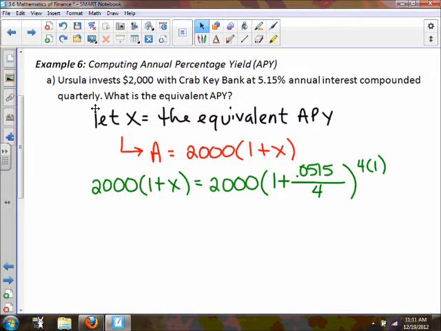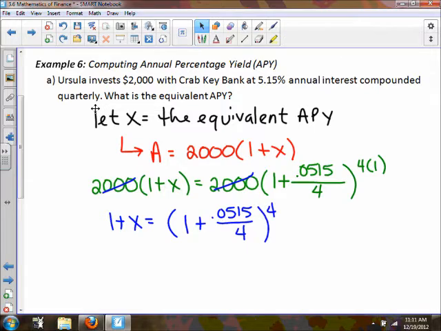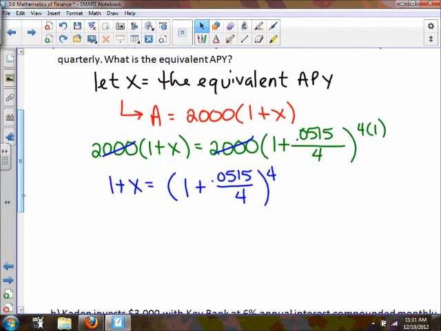What happens to the 2,000? The 2,000s will cancel out. So really, we'll be left with 1 plus X equals 1 plus 0.0515 over 4 to the 4th power. How would I solve for X? I subtract 1.